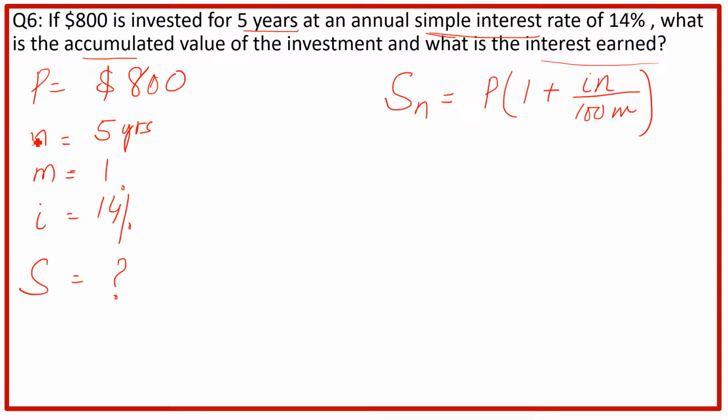So now if N is 5, it means S_N, so we have to find out S5. Because N is 5 years, P is 800, and then 1 plus 14 into 5, I is 14%, N is 5 years, divided by 100 into 1.